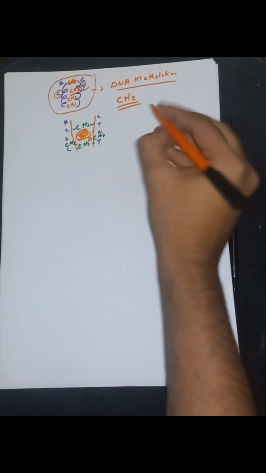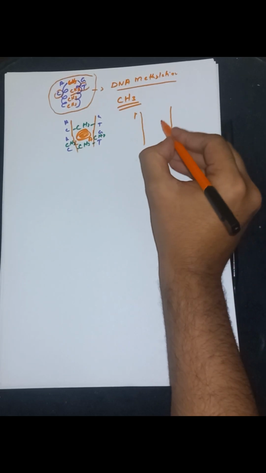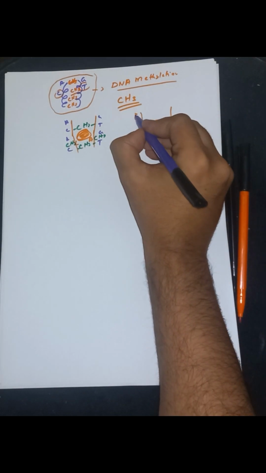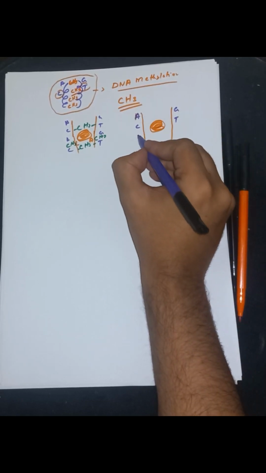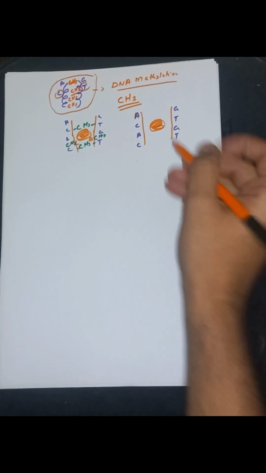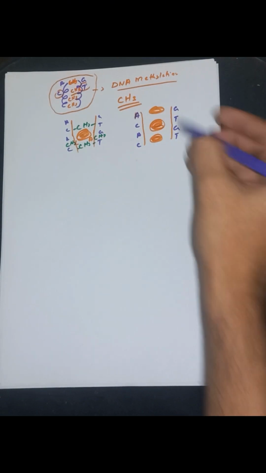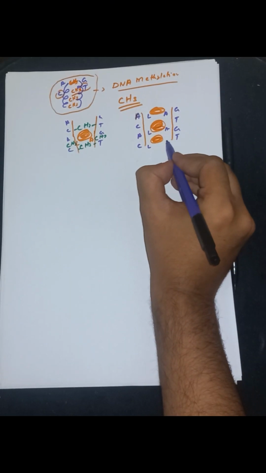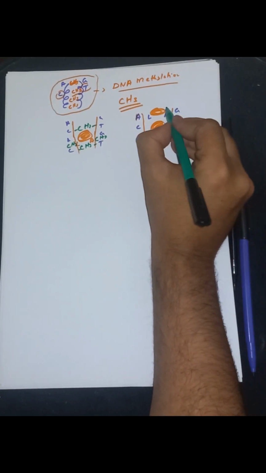Let me make it here again. This is DNA and these are histones. This is adenine, guanine, cytosine, thymine, adenine, guanine, cytosine, thymine, and there are more histones here and here. And what do histones have? Lysine and arginine groups, lysine and arginine, lysine and arginine. So what will happen?